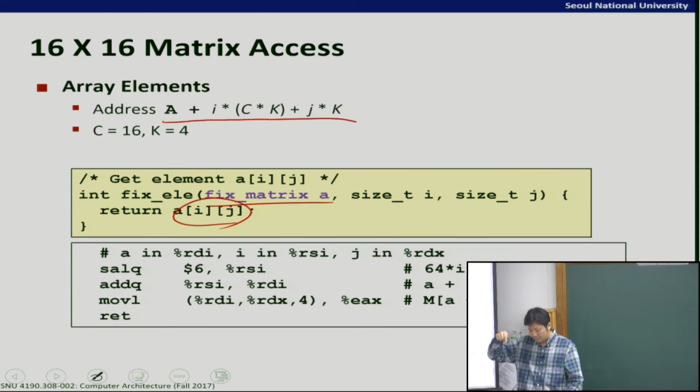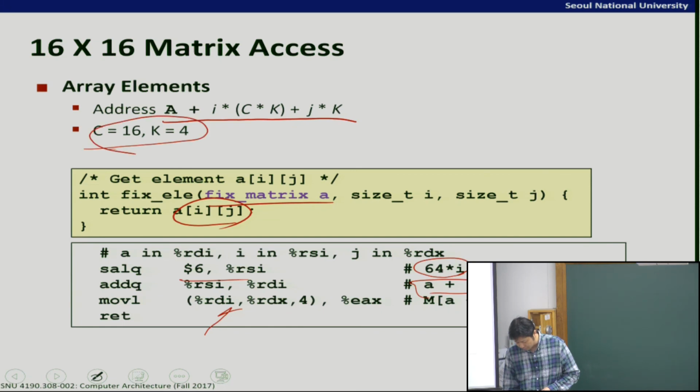That's the exact location of the element you want to access. You can use a shift instruction to compute 64 times I, and then you get a plus 64 times I. Then you scale it and add a base address, and then you can access this address. If you plug in 16 and 4 here, it looks like this: a plus 64 I plus 4 times j. It takes 4 instructions to execute this.